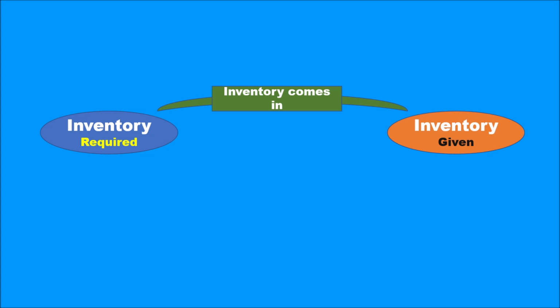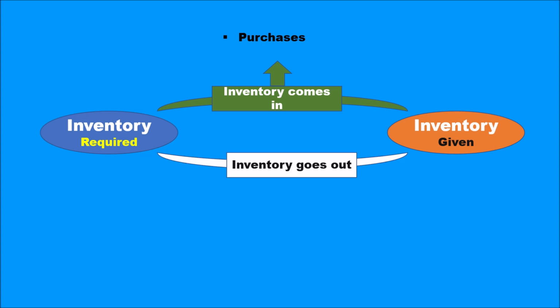We need to identify the ways through which inventory comes in. One would be purchases. Also, during that period of operation, there would be ways through which inventory would be going out. And one way would be sales.